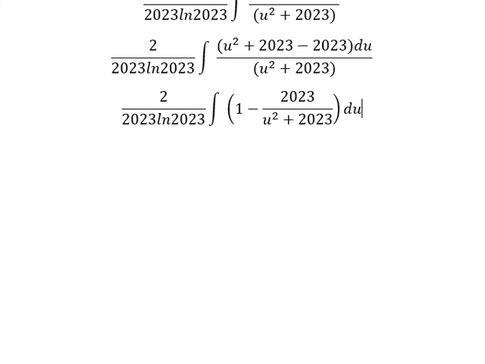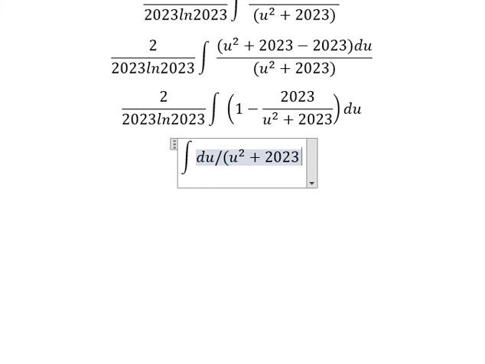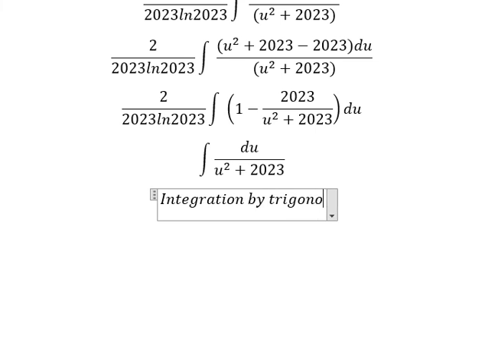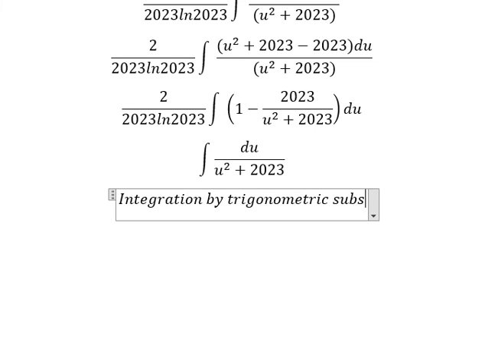Next, we need to find this integration. So we need to use integration by trigonometric substitution.